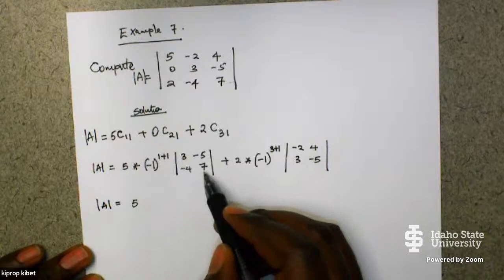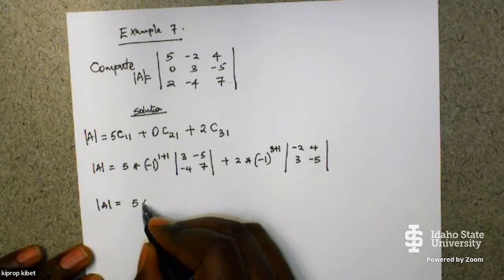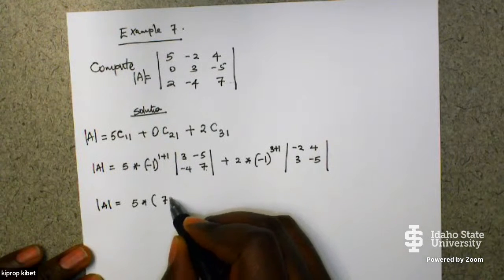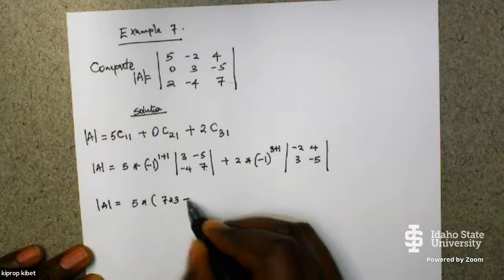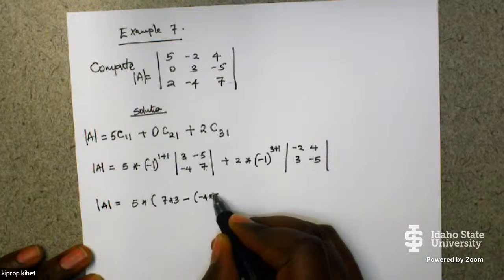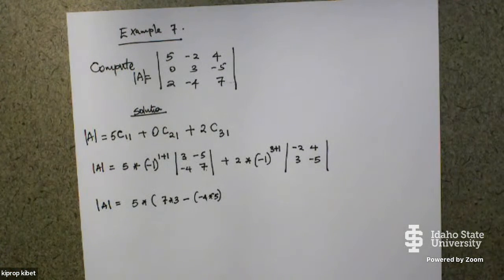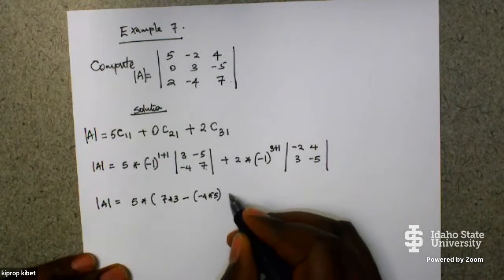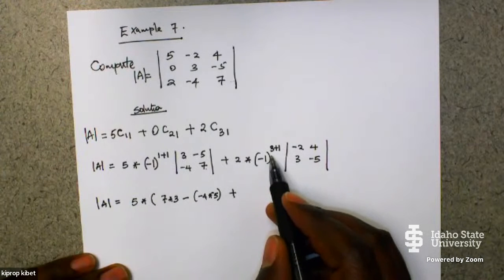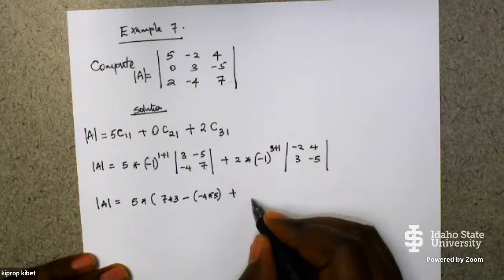Now the determinant of a 2 by 2 matrix: 7 multiplied by 3 minus -4 multiplied by -5. Plus 2. This is 3 plus 1, which gives us 4. That is even, so it will be positive, so it will be 2.